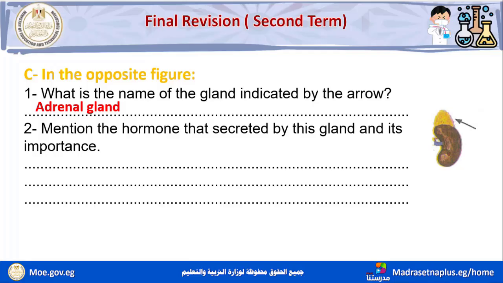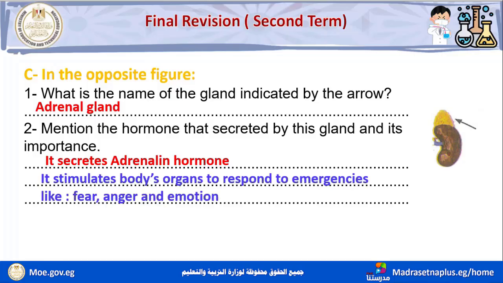Number 2, mention the hormone that is secreted by this gland and its importance. It secretes adrenaline hormone, and its importance, it stimulates the body's organs to respond to emergencies like fear, anger, and emotion.